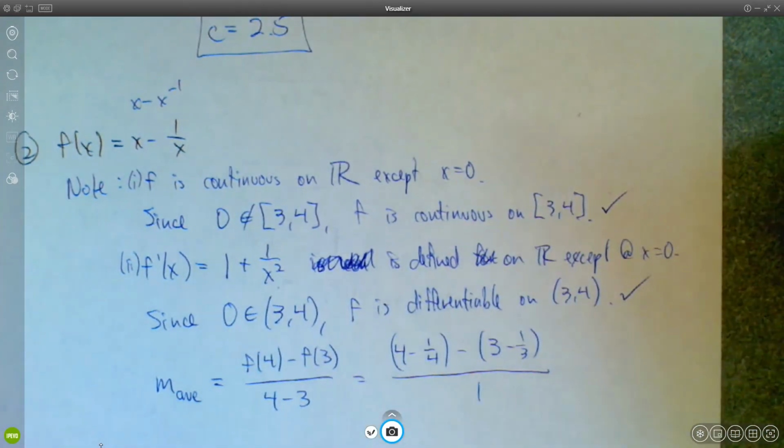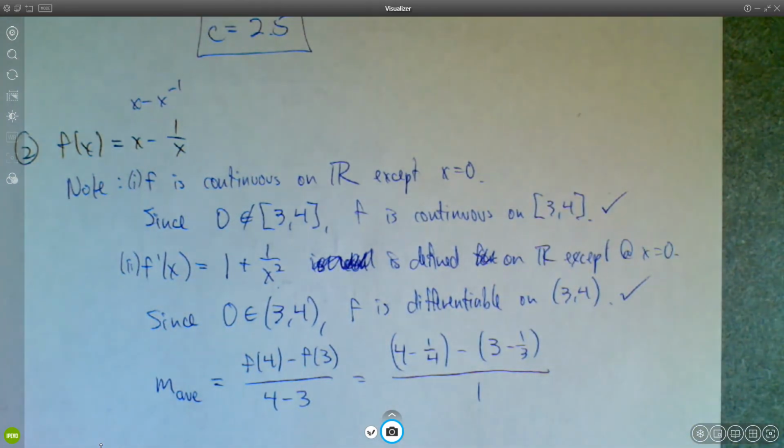And 4 minus 3 is just 1. Anyway, you could plug this into your calculator now, or if you want to do it by hand, you can. I don't feel like getting common denominators right now, so I'm going to do it in my calculator. 4 minus 1/4 minus 3 minus 1/3 is 13/12.